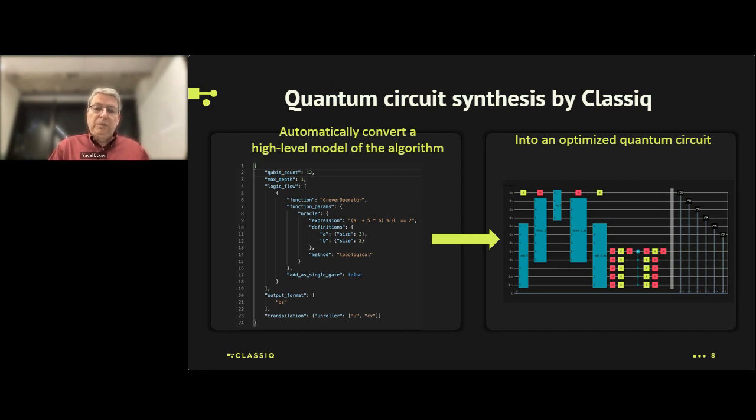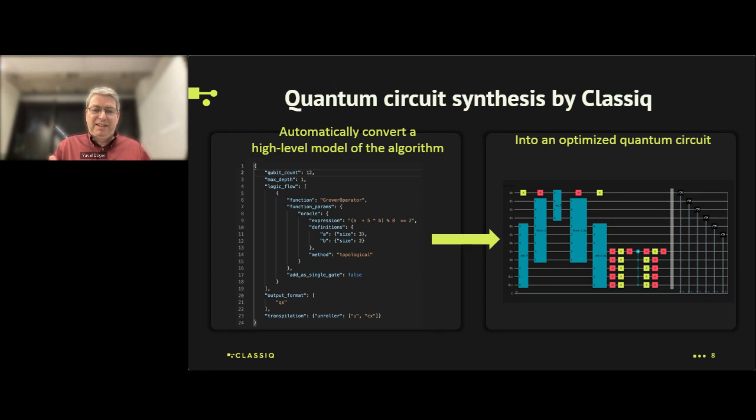So not only are we allowing our customers to create circuits quickly, and to make the maximum use of the compute resources that they have, but we allow people to do it that are not quantum information science PhDs.